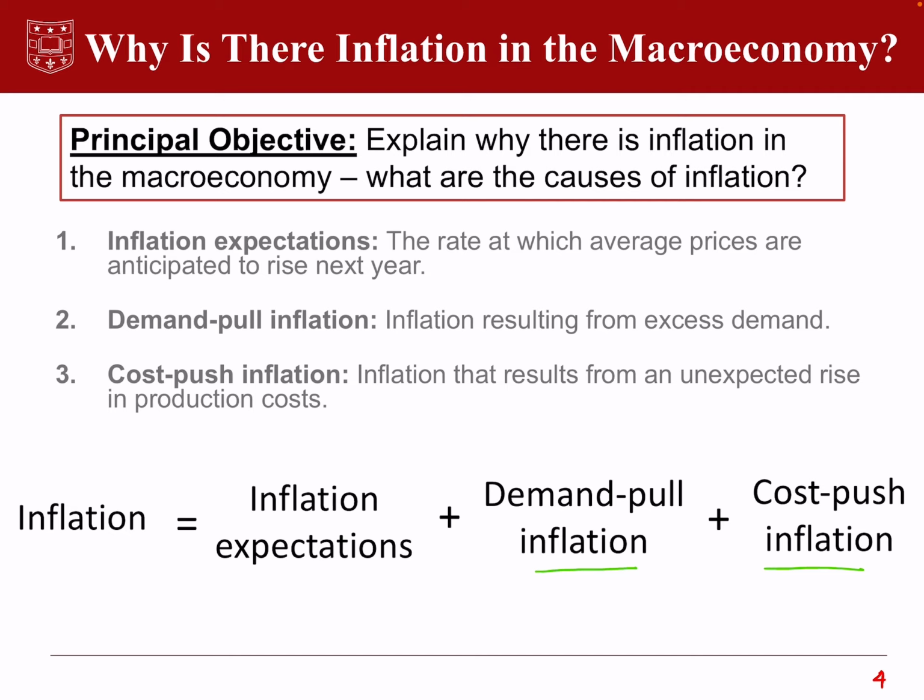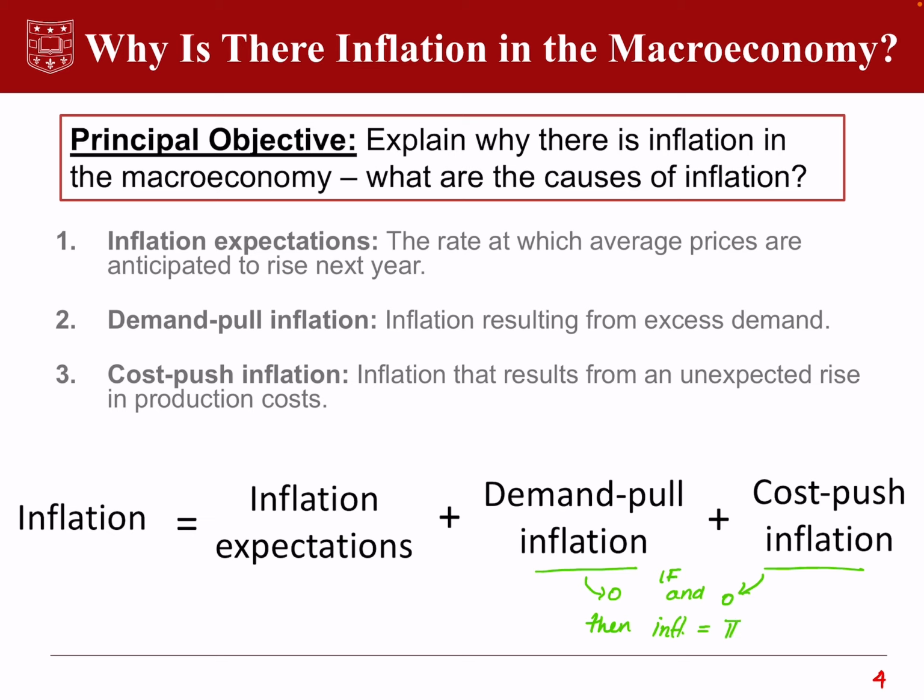So, for instance, if this is zero and this is zero, then the rate of inflation would be strictly what was expected.